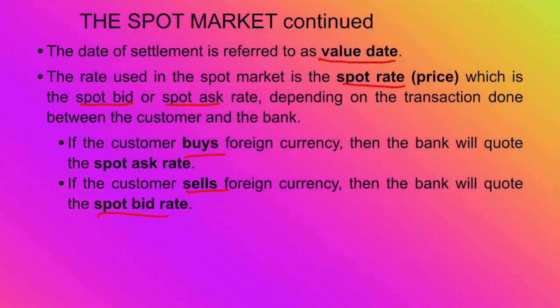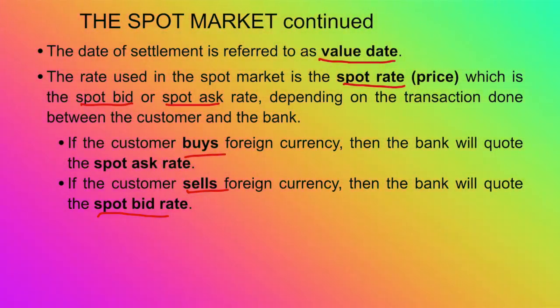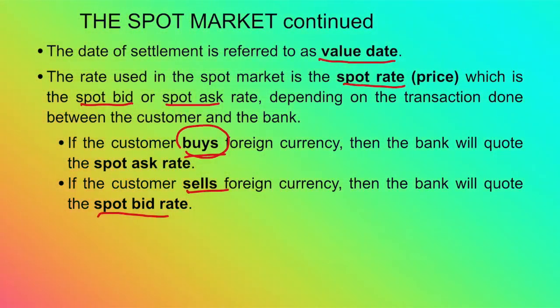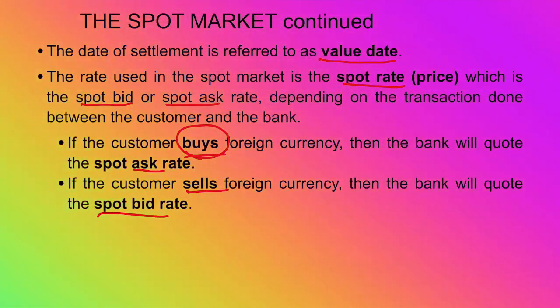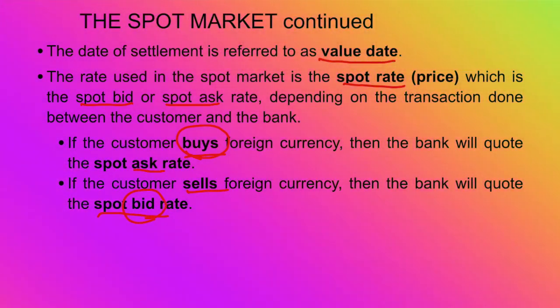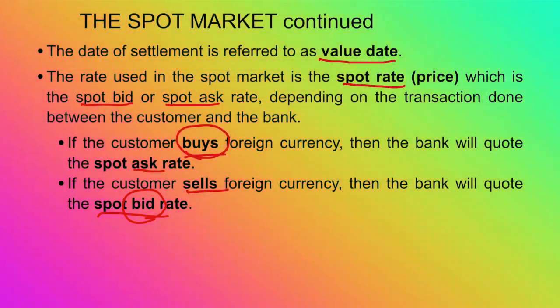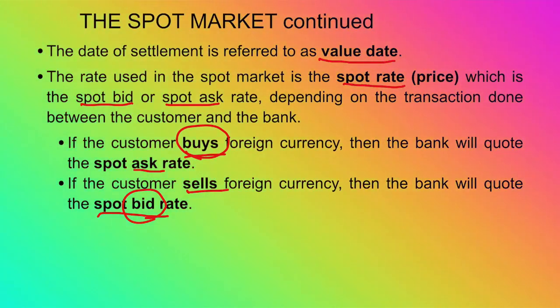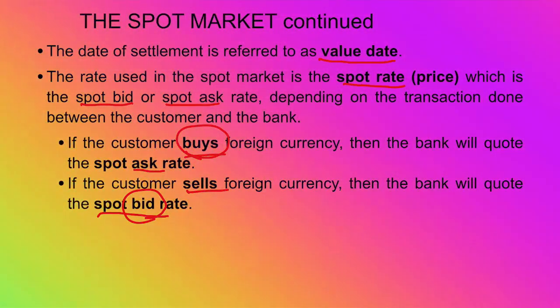Okay, let's repeat. If the customer buys foreign currency, then the bank will quote the spot ask rate. If the customer sells foreign currency, then the bank will quote the spot bid rate. To decide whether to use the bid rate or ask rate, we always look at it from the point of view of the bank.